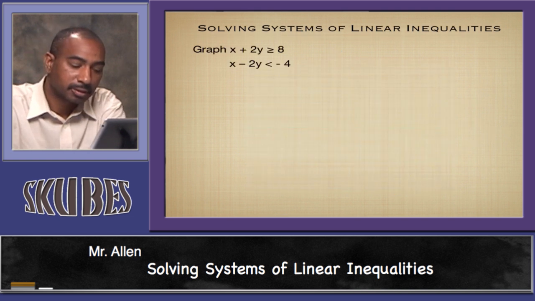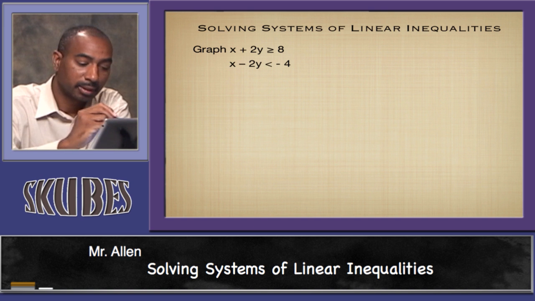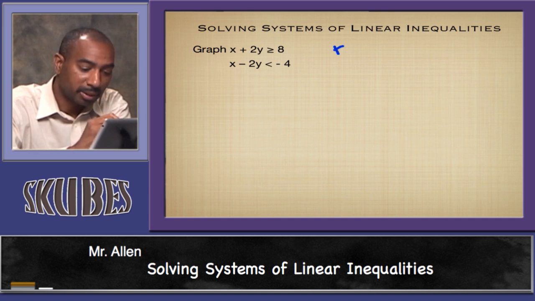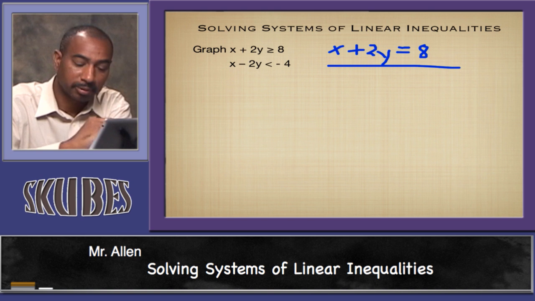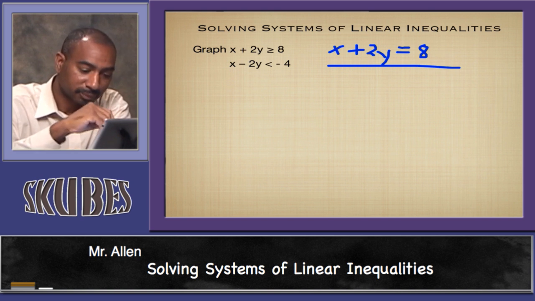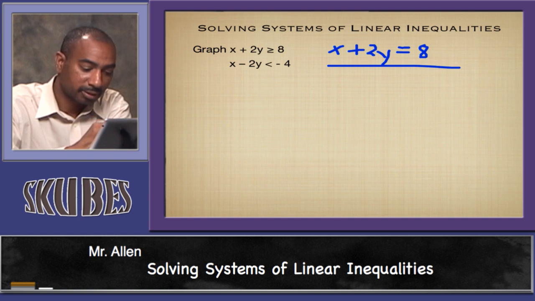Okay, solve the system x plus 2y is greater than or equal to 8, and x minus 2y is strictly less than negative 4. Again, you need the boundary lines. So you need to graph x plus 2y equals 8. We know it's going to be a solid line because you're including every point on the line. And then the second one is x minus 2y equals negative 4.